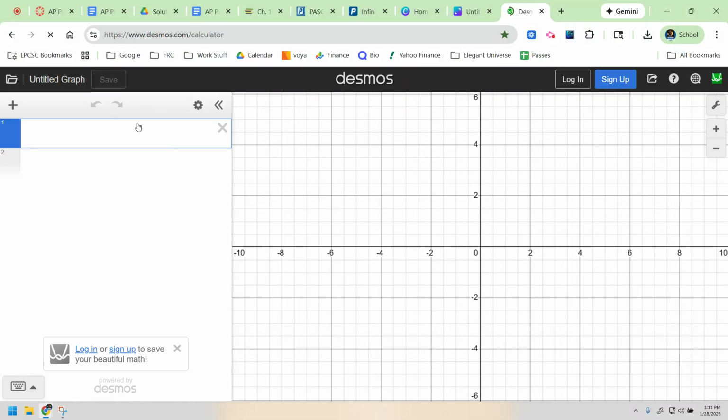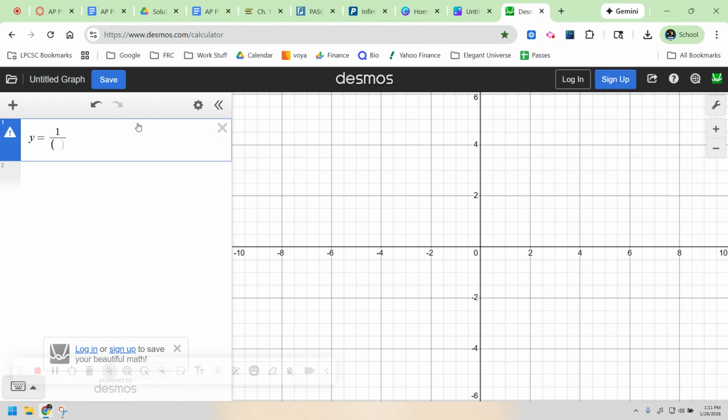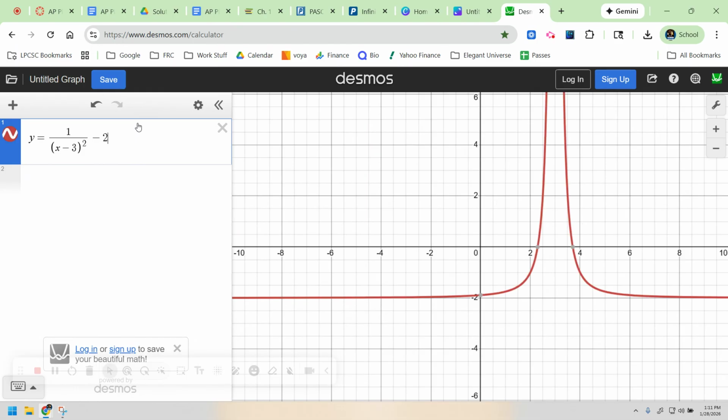So I'm going to say Y equals, and then I'm going to say 1 divided by X minus 3 raised to the second. And then remember, this total charge would be equal to 2, right?